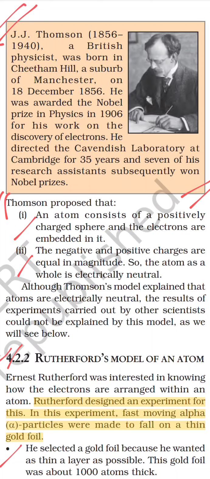Next, the negative and positive charges are equal in magnitude, so the atom as a whole is electrically neutral. Although the Thomson model explained that atoms are electrically neutral, the results of experiments carried out by other scientists could not be explained by this model, as we will see below.